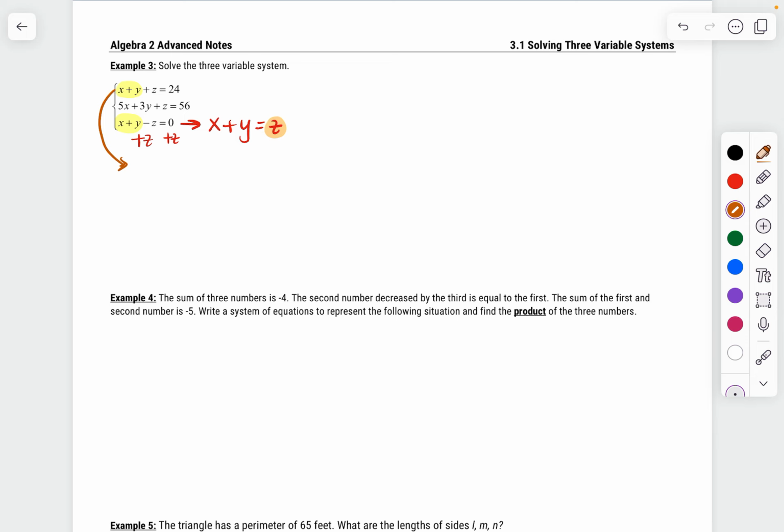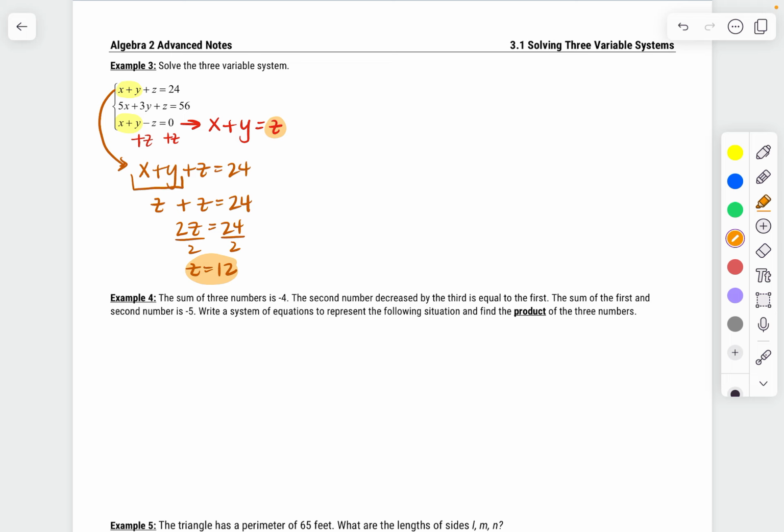So that is going to turn into, and I'm going to try to break this down step by step, it originally started as x plus y plus z equals 24, but instead of having x plus y there, since I know that that whole statement is equal to z, I'm just going to have z plus z is equal to 24, which is 2z is equal to 24, divide by 2, divide by 2, z is equal to 12. And that's going to be my first value that I have.